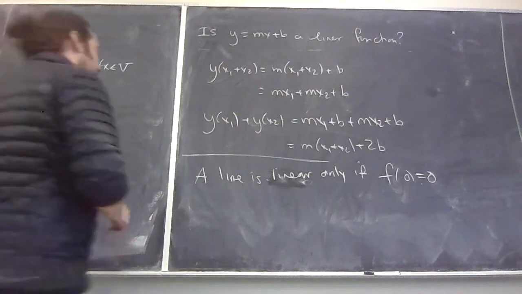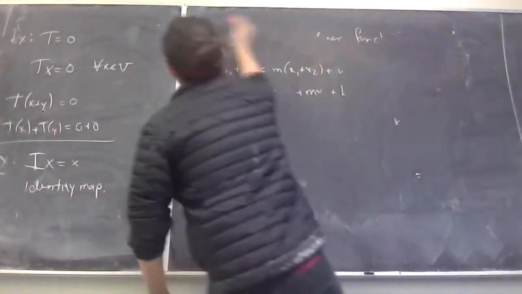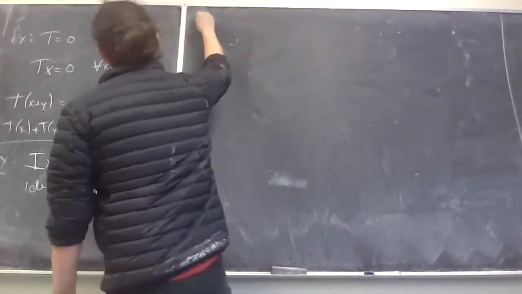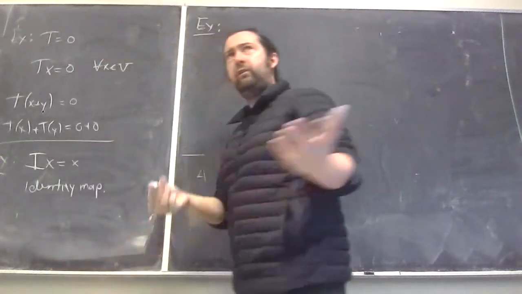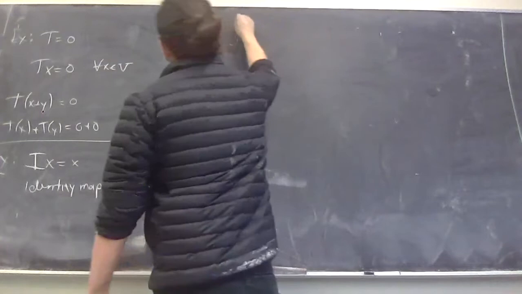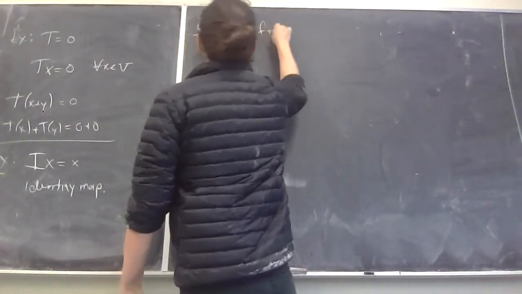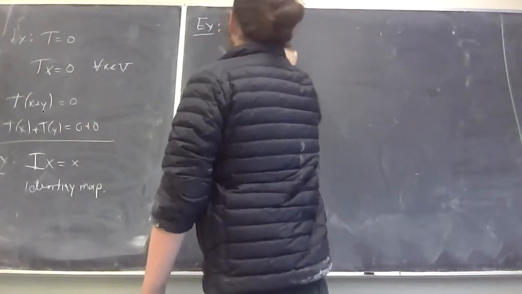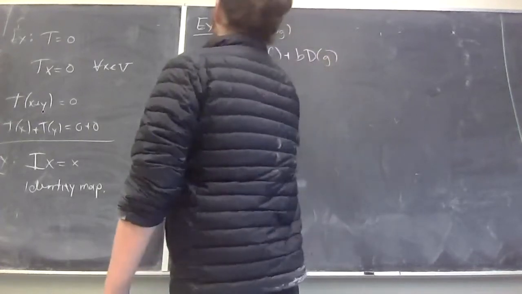So let's get one that is the heart of my own study in research mathematics, which is why linear algebra is the unifying language of all of mathematics. So the derivative operator: d of (af plus bg) is equal to a d of f plus b d of g. So differentiation.